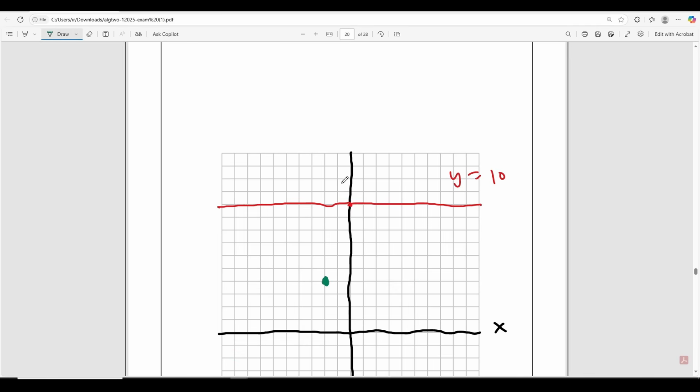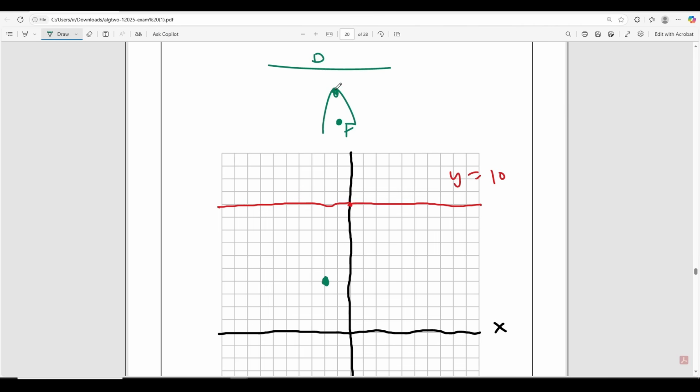Essentially these two are guidelines for this parabola to follow. They're supposed to guide this parabola in the correct direction when you graph it. The key thing here is that the vertex, or the tip of the parabola, is going to exist between this directrix and this focus, and the rest of the graph has to follow suit.